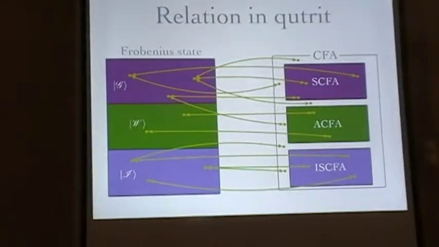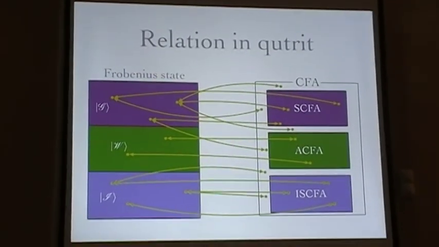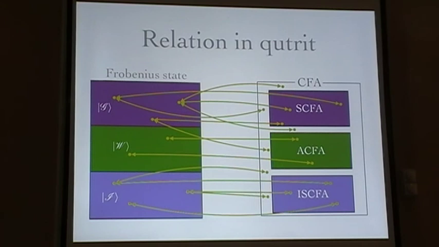The rank of the CFA depends only on the multiplication, the monoid part of the Frobenius algebra. So not the particular coupling cap you chose to get your co-multiplication, or however you formulate your Frobenius algebra for your monoid. The rank is independent of that. So the rank should depend only on your Frobenius state, I believe.